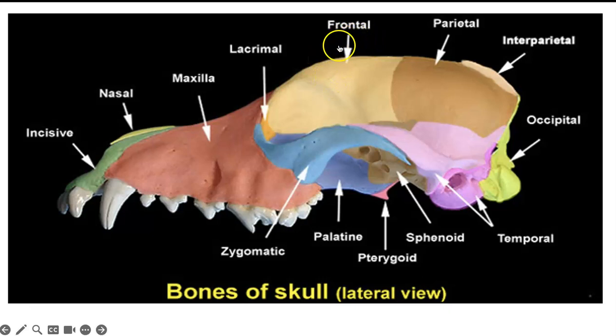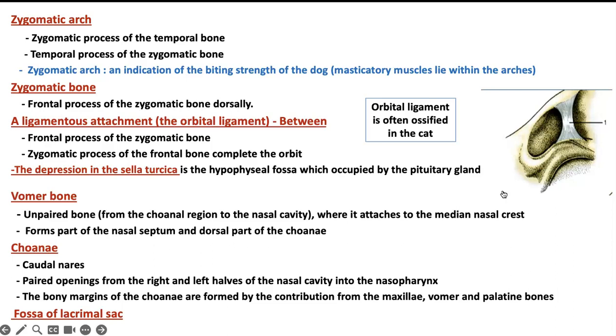So the orbital ligament attaches between the zygomatic process of the frontal bone and the frontal process of the zygomatic bone. And this is very important because, as you know, the dog usually opens the mouth widely, so there's no limitation here because there's no bone, and only the ligament is attached here.